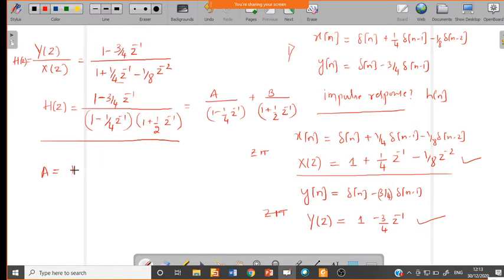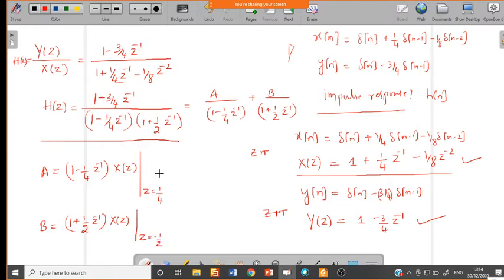Okay. So now how can we write A? 1 minus 1 by 4 z inverse into X of z should be evaluated at z equal to plus 1 by 4. Okay. And similarly, we can find out B by 1 plus half z inverse into X of z, where z should be evaluated at minus half.